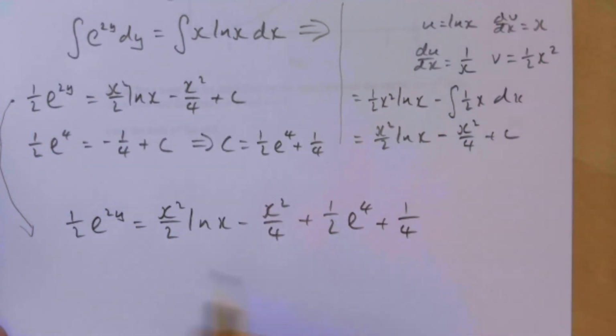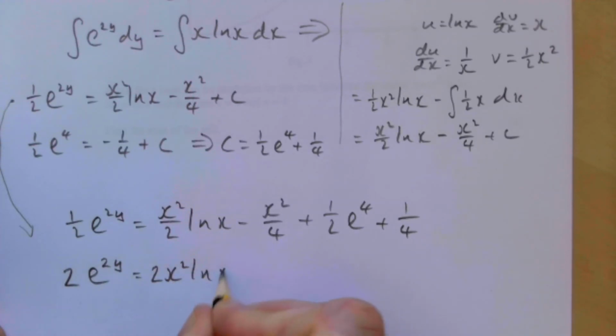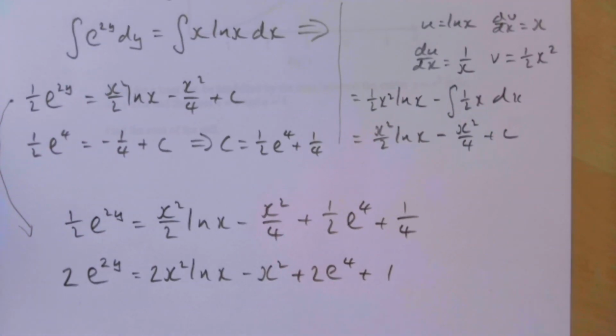We're pretty much there. I would just want to tidy that up. That's a half, that's a half, that's a quarter, that's a half, that's a quarter. So multiply through everything by 4, just to make it look a wee bit more tidy. So it's 2e to the 2y equals 2x squared ln x minus x squared plus 2e to the 4 plus 1. And that's our equation of the curve.